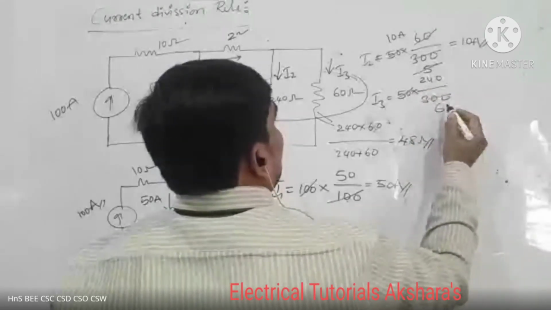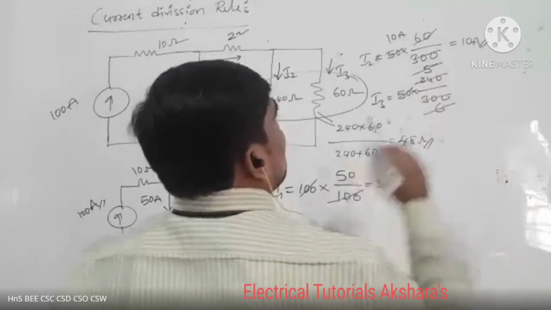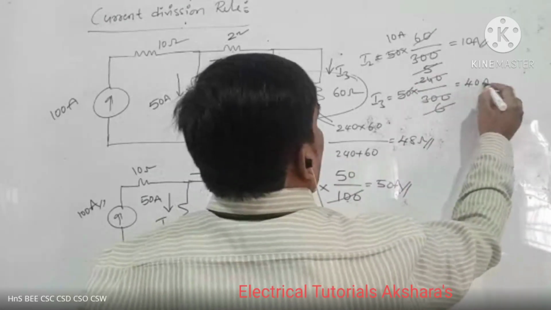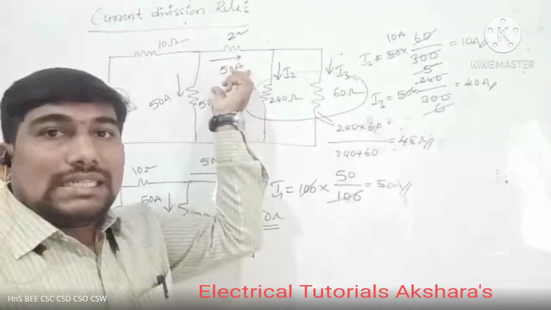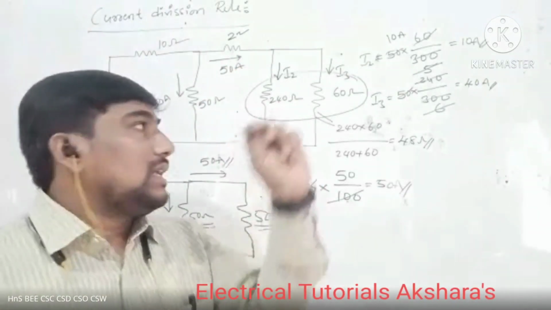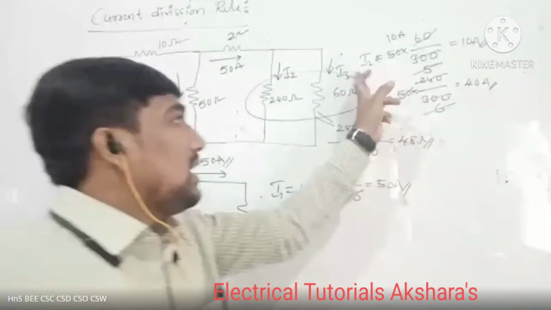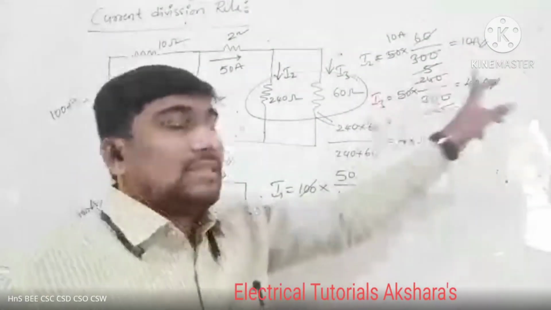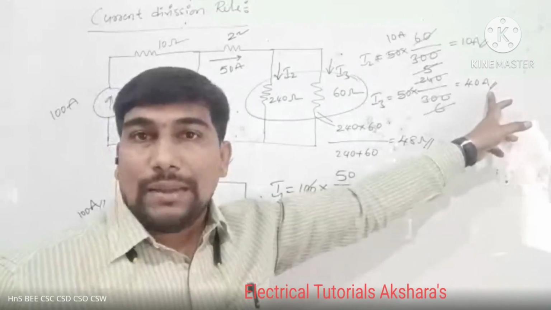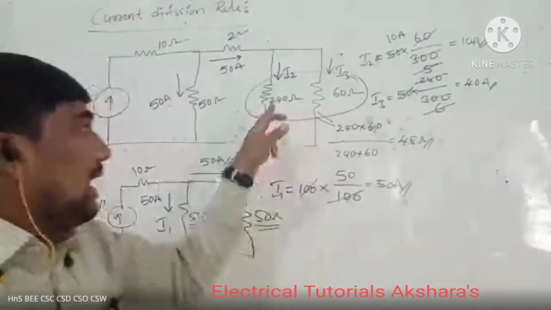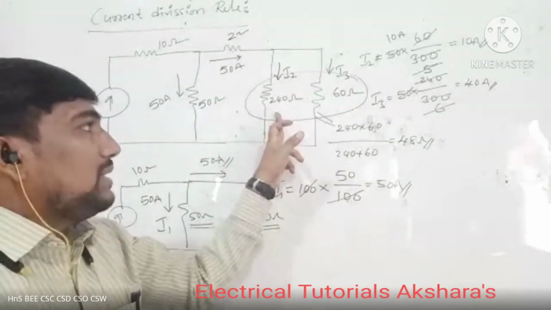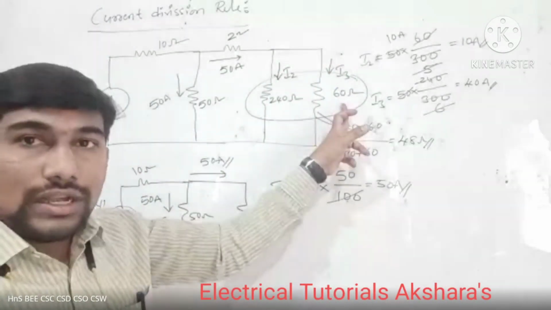This will be 6, so we get 40 amperes. This total 50 amperes is divided into two parts: the I2 current is 10 amperes and the I3 current is 40 amperes.